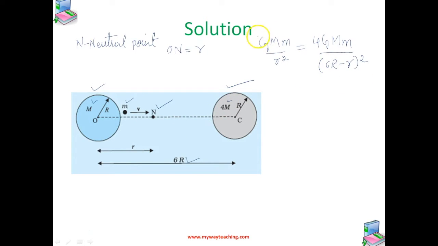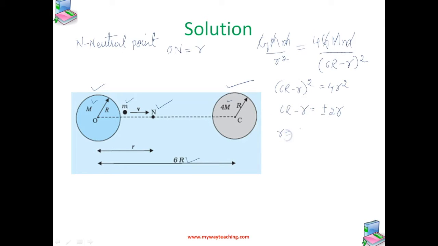So we can cancel these things. We can write (6r minus r) the whole square is equal to 4r square, isn't it? So if we take the square root, we get the value plus or minus 2r.